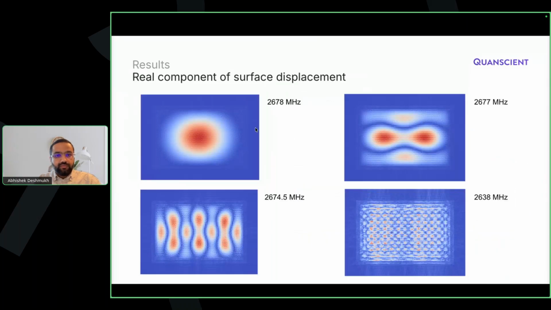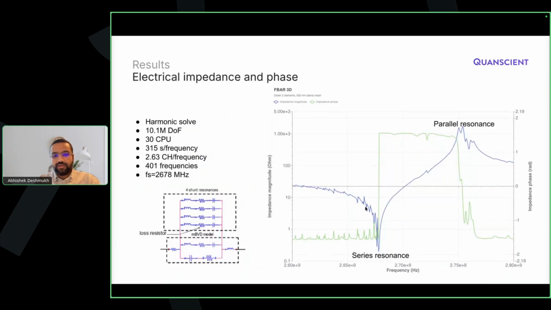And here are some of those shown. The first top left mode is the one for the series resonance, which is close to what we designed for, 2.67 gigahertz. And the other modes that are shown are the lateral modes, the undesirable ones that are making more noise in the signal.